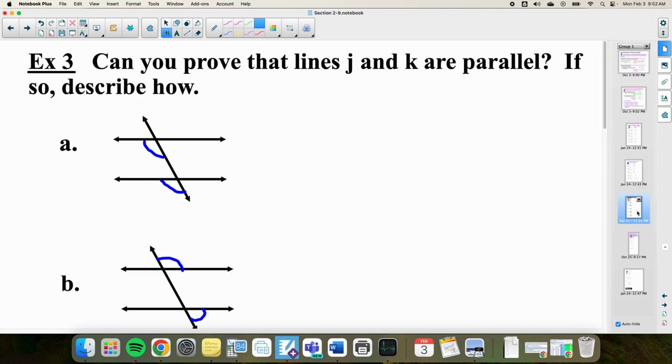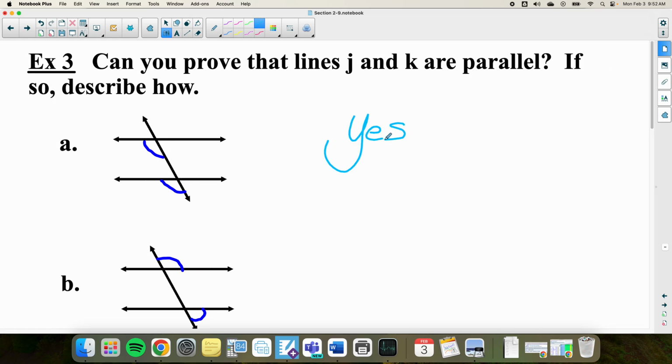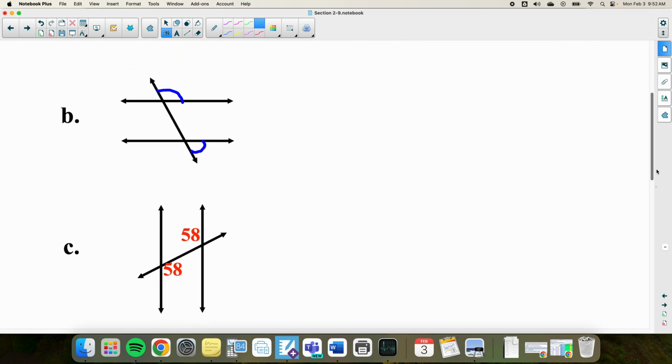All right, if you look at this page, what do you think about this one? Yes. What kind are they? Corresponding, okay. For B, are those any of the four? They're not alternate interior, they're not alternate exterior, they're not consecutive interior.